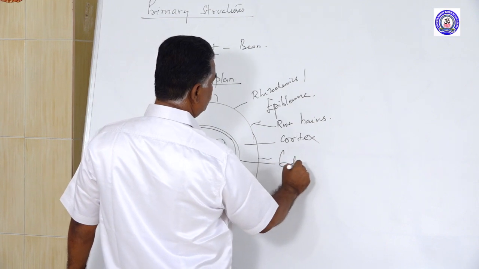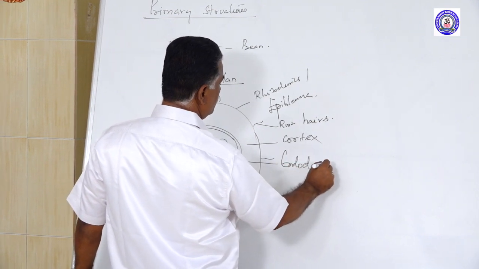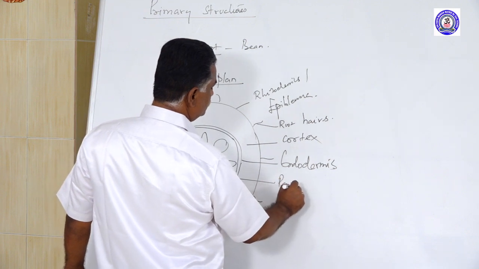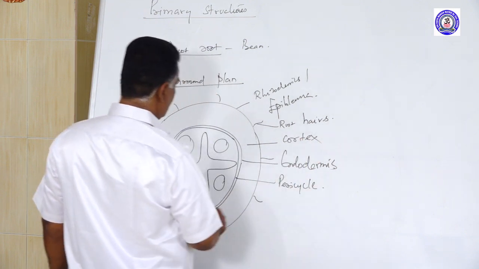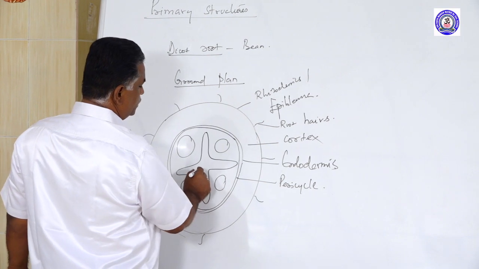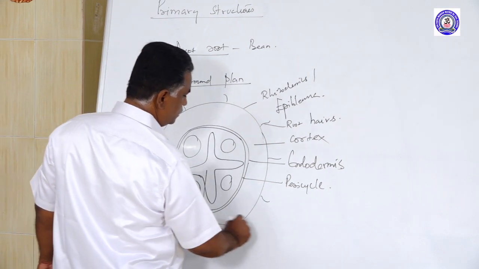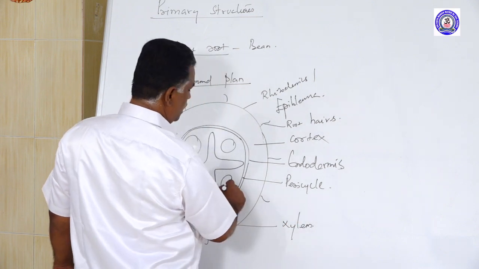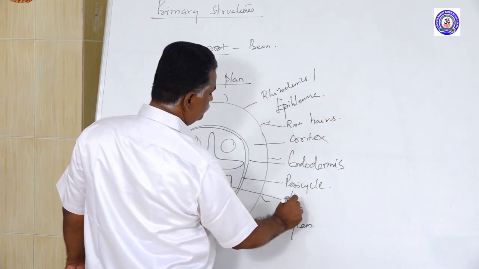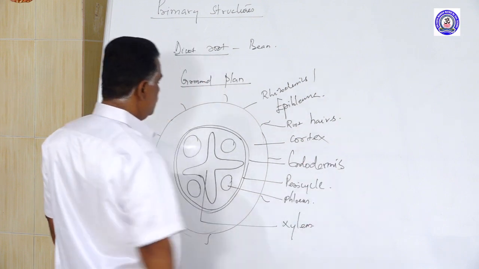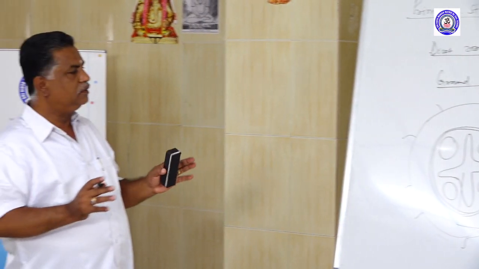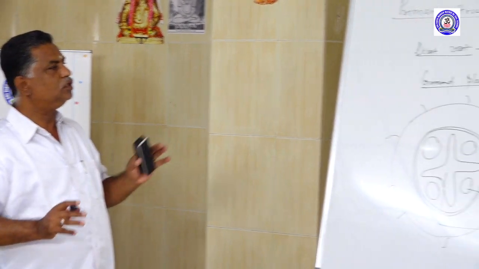Endodermis, pericycle, and this is xylem and phloem. So this is the ground plan which depicts or explains what are the parts present in the root dicot.